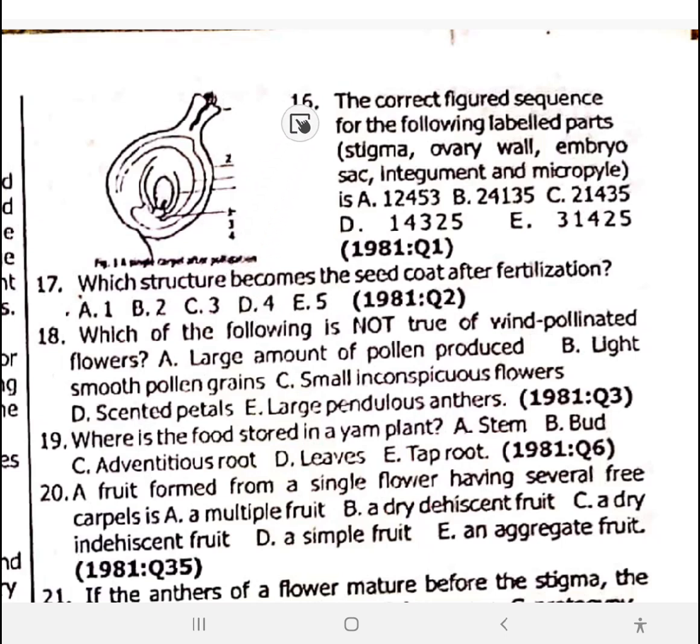So the correct sequence is from the stigma. The stigma receives pollen grains. The next one is 1. The ovary wall becomes the fruit wall. Then you have 4.